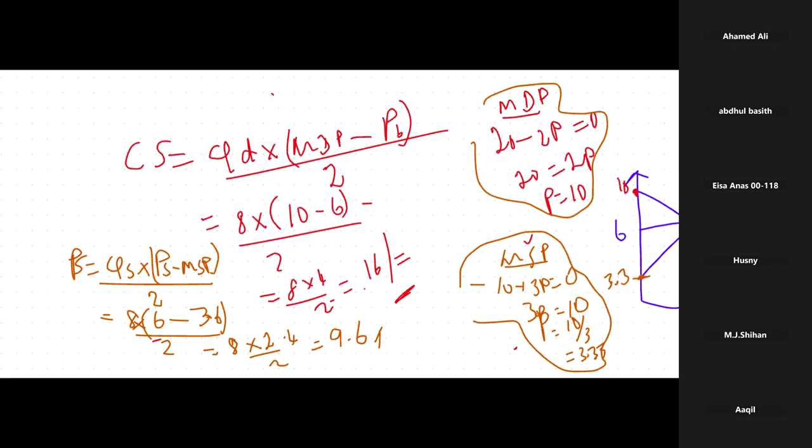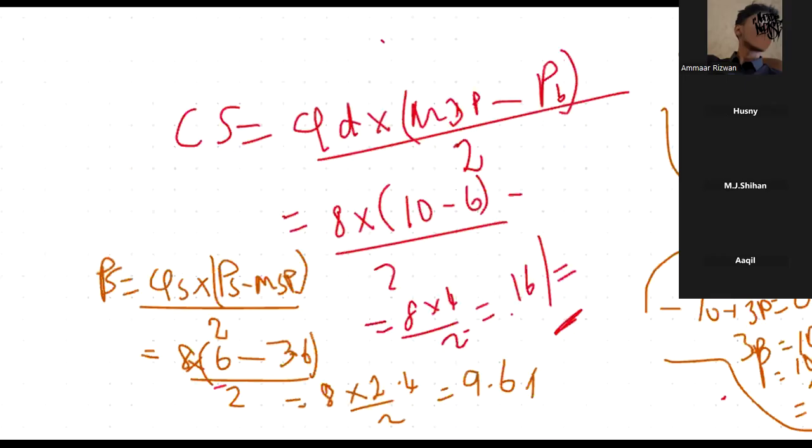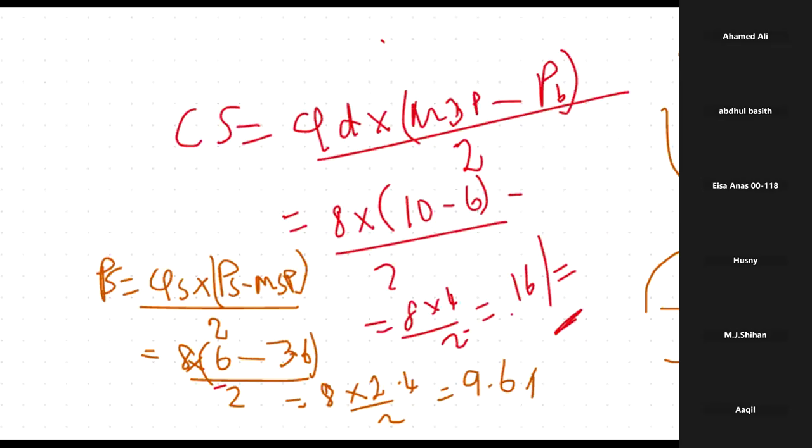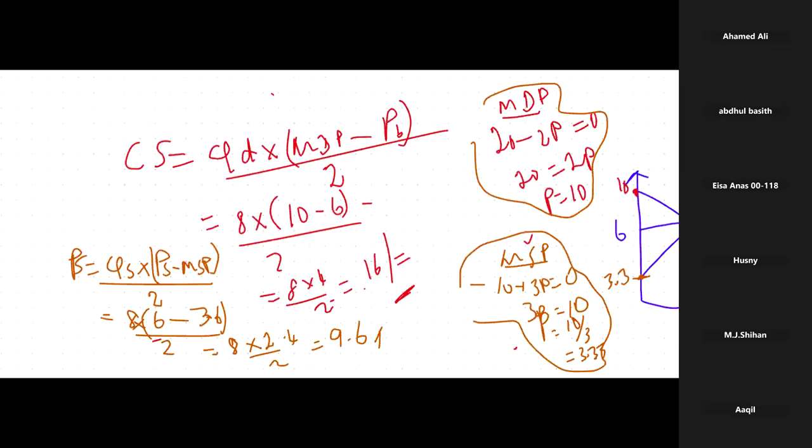Are you clear with the producer surplus of 9.6? Again, I will explain. Consumer surplus clear? Consumer surplus clear? Yes, sir.